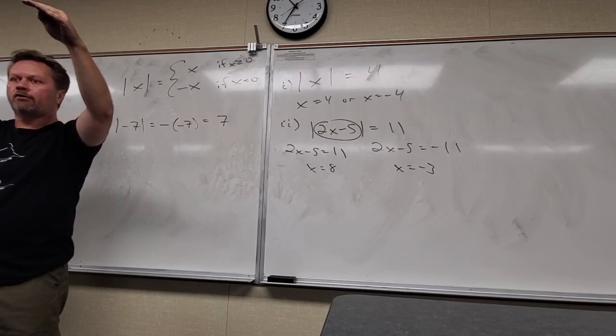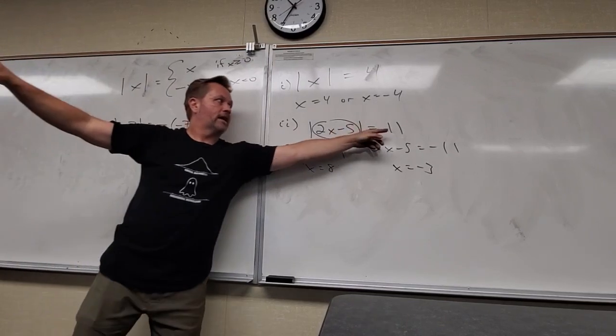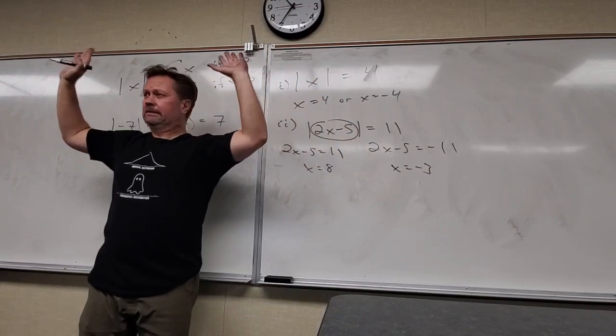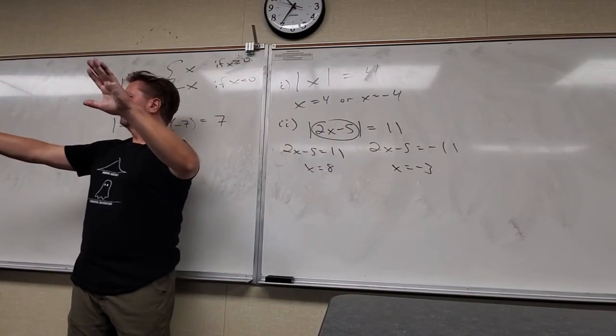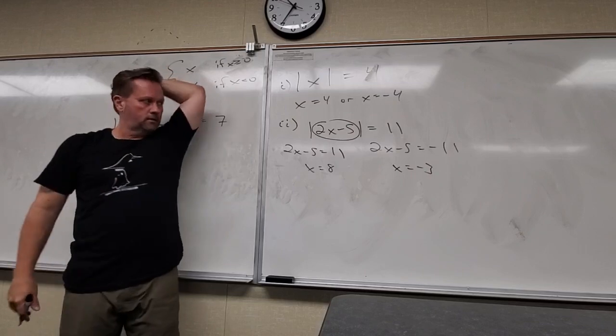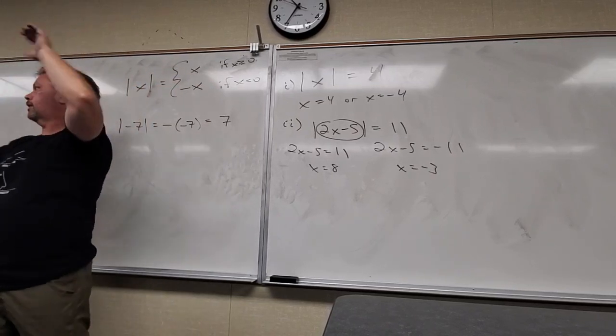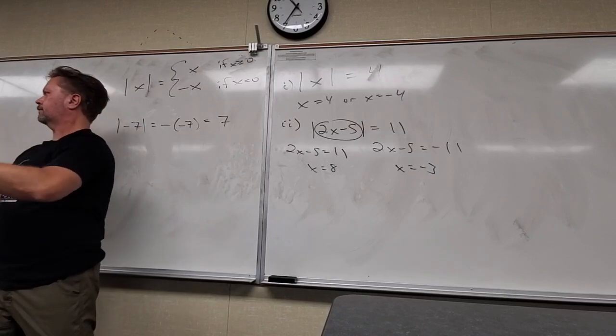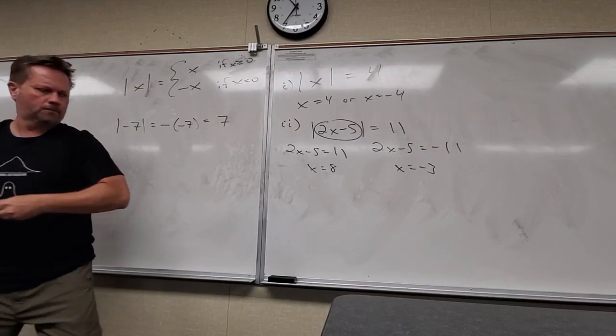Either the inside is already positive or the inside is the negative of this, because both of them make this true. Does that make sense? Yes? So I did 2x minus 5 and negative 2x plus 5. Sure, that'll work too. I like doing this because it leads into the next inequality stuff a little better.